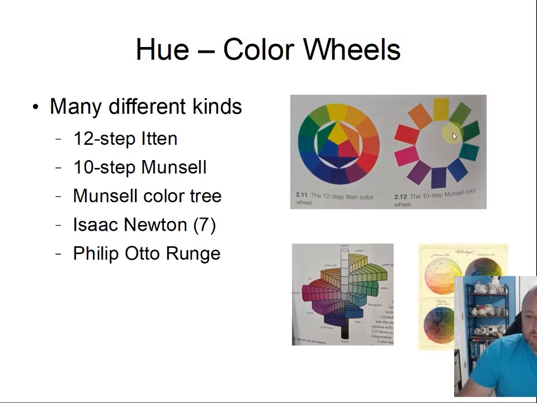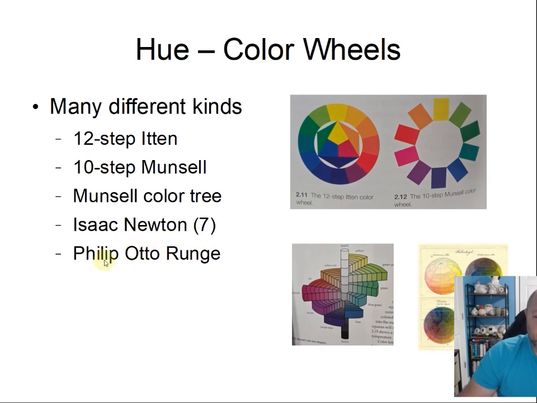There's also this 10-step Munsell. I've never seen that one before. The 10-step Munsell, and then the Munsell color tree, which starts dealing in intensity, which we'll get to later in the lecture.